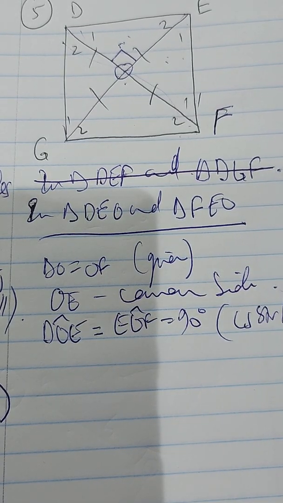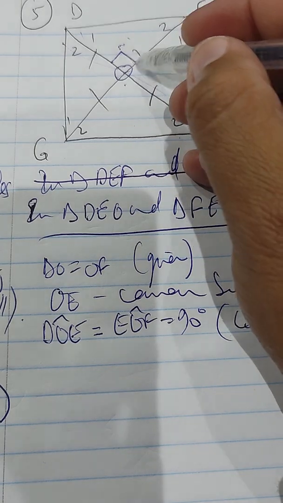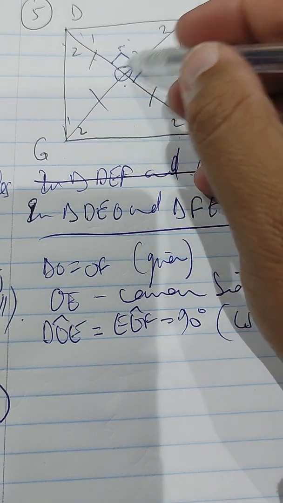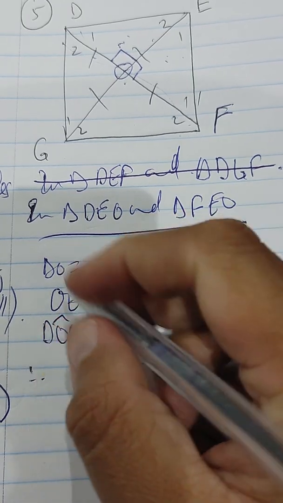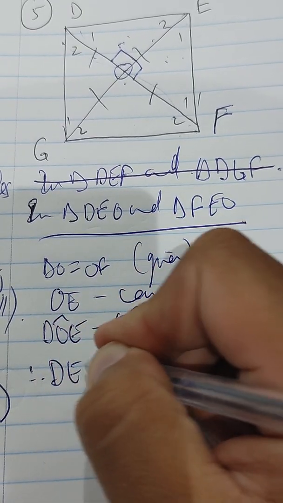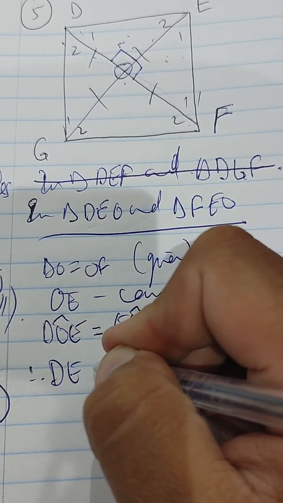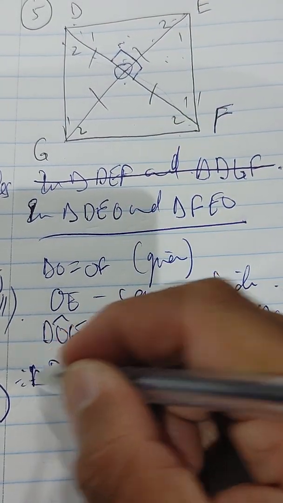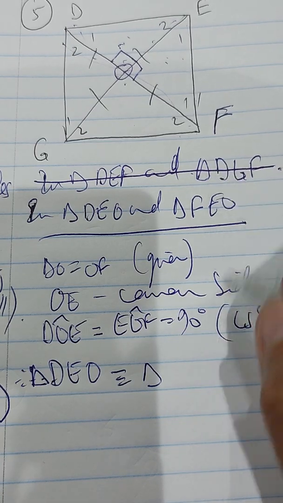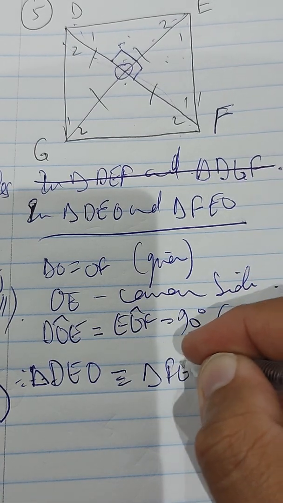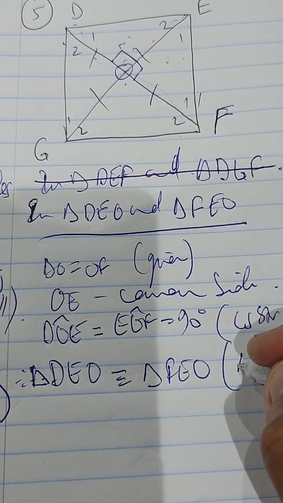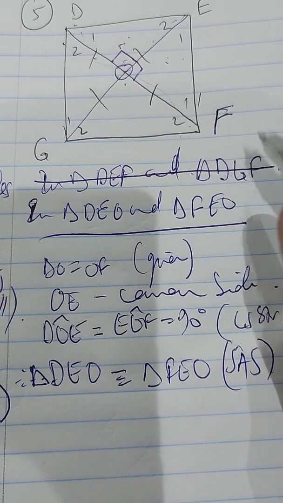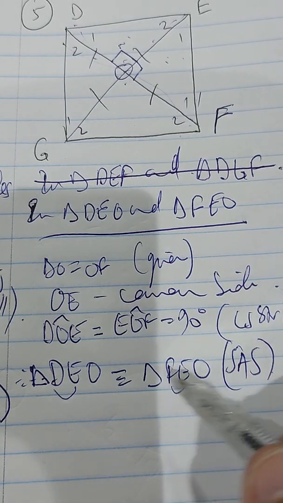Angles on a straight line, it is 90 there. So what do we see? We have side angle side. So therefore, triangle DEO is congruent to triangle FEO. Why? Because of side angle side. Okay, so from here we can see that DE is equal to FE.